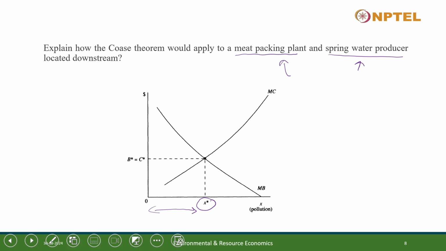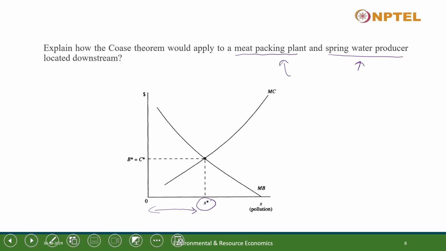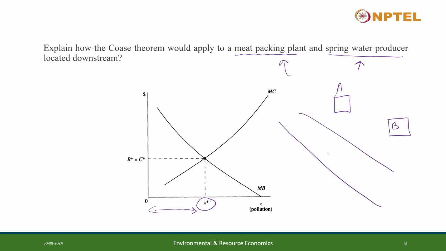Okay, am I clear? So this is an initial, generalized answer to the question which I asked. So you can try to plot the Coase theorem like this, and then you can get the area of benefits in both cases, when the property right is with the meat packing plant or with the spring water production plant. So here what we are saying is that there are two plants, plant A and plant B. There is a river going by.